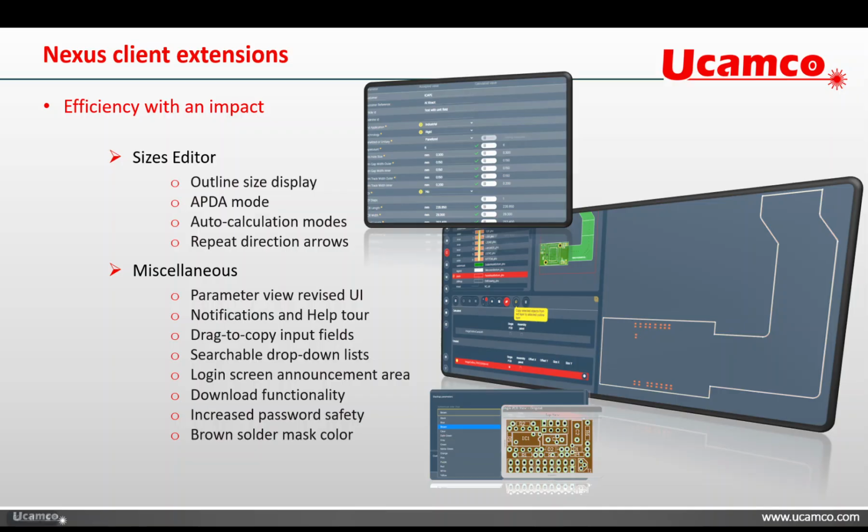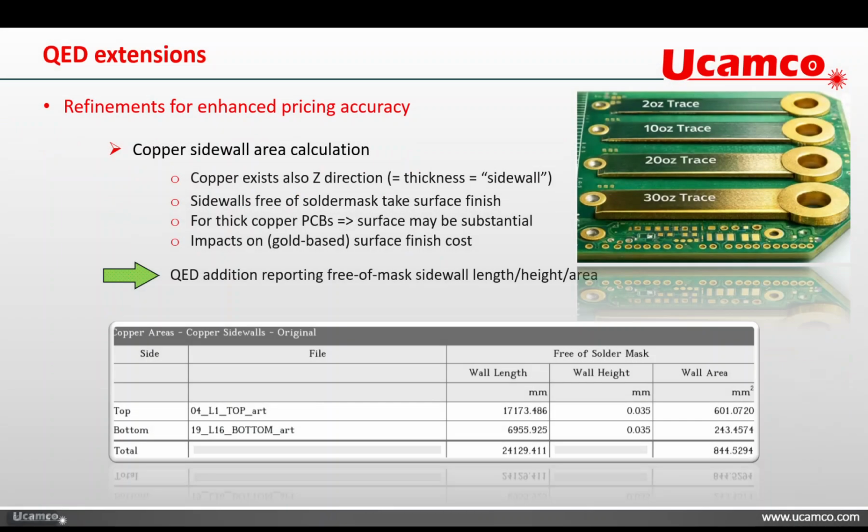I think we have done the tour of the additions in Nexus. The last thing that I want to do, and briefly just here on the presentation side, is a number of add-ons that we have put in the QED reports. So not on the editors, but really in the QED PDF and XML reports.